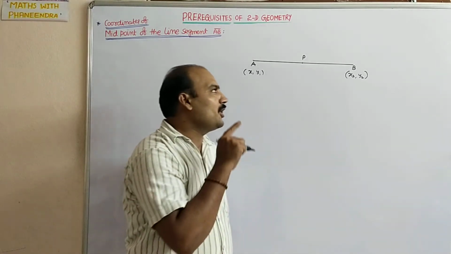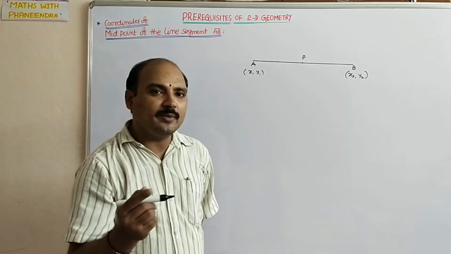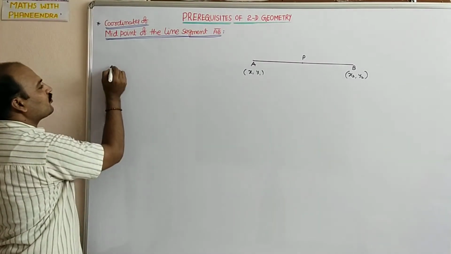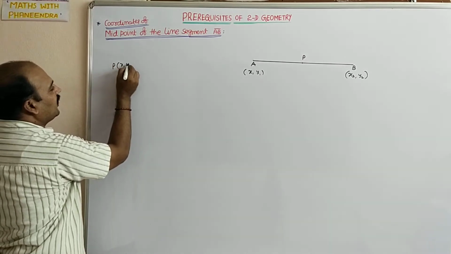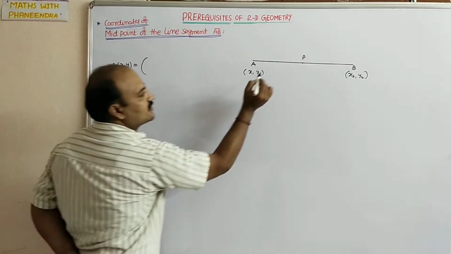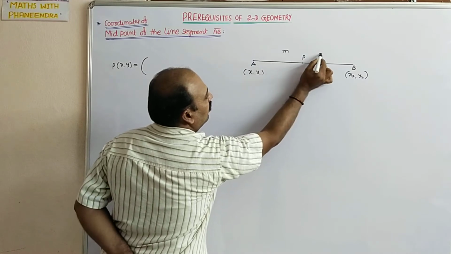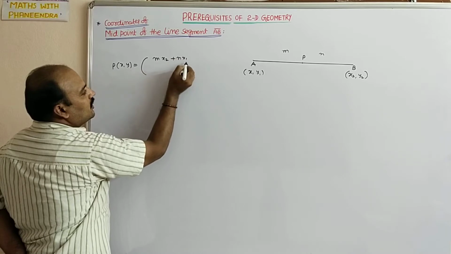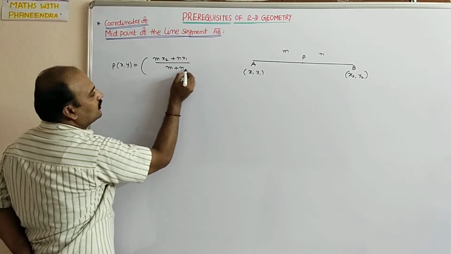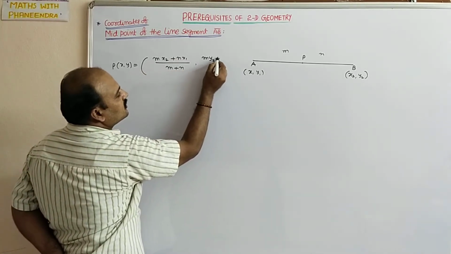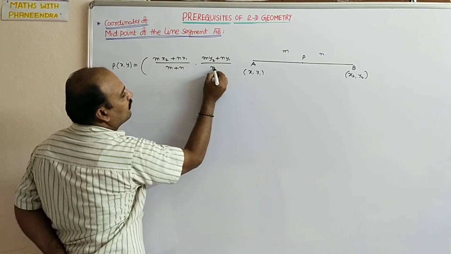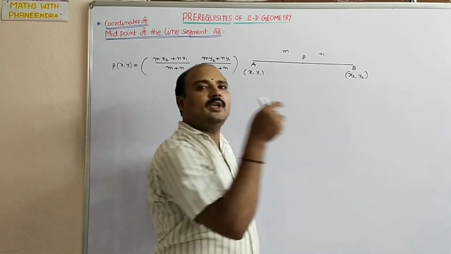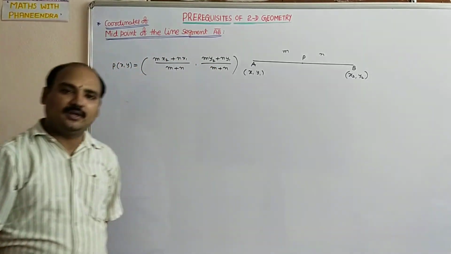We know that if the point P divides AB in the ratio of m is to n, the coordinates of P become P of x comma y equal to mx2 plus nx1 divided by m plus n, my2 plus ny1 divided by m plus n.